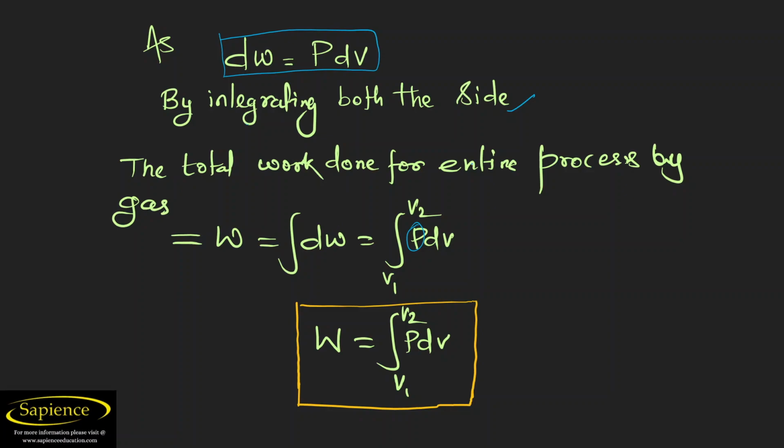The total work done for the entire process will be the integration of dw, which is the integral of p into dv, and the limits may be v1 to v2, or t1 to t2, depending on the situation. So you have understood how to find the work done.